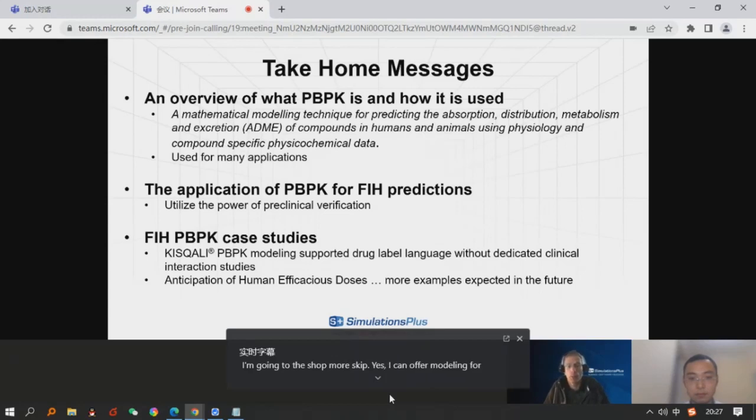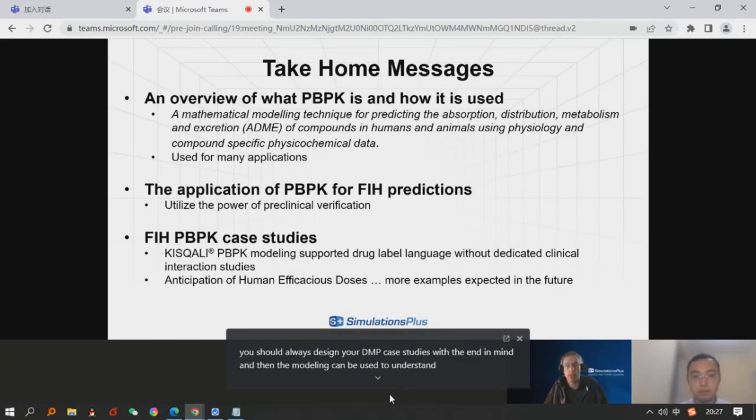For example, if you want to assess the exposure of the compound in a specific tissue in a preclinical species, for example, the muscle, you would design the study to sample the muscle with the appropriate sampling time points to define that concentration curve. And you can use the modeling to guide that. So you should always design your DMPK studies with the end in mind. And then the modeling can be used to understand that data.